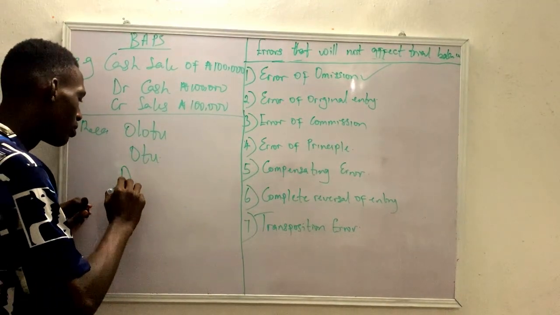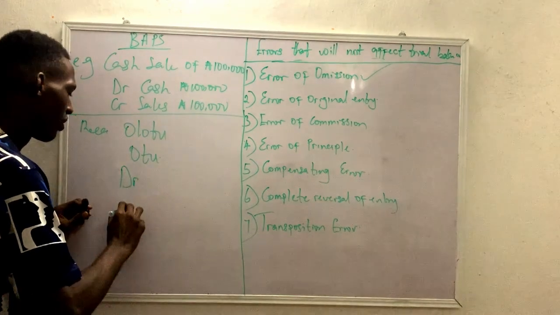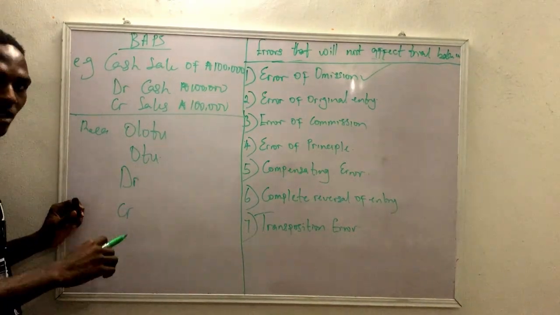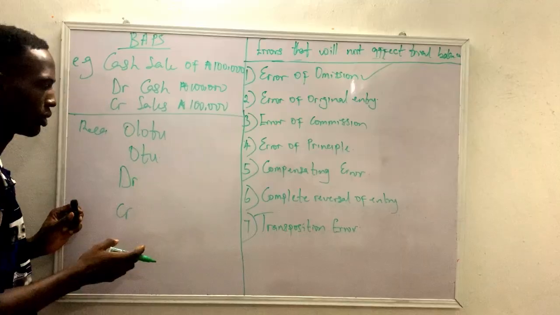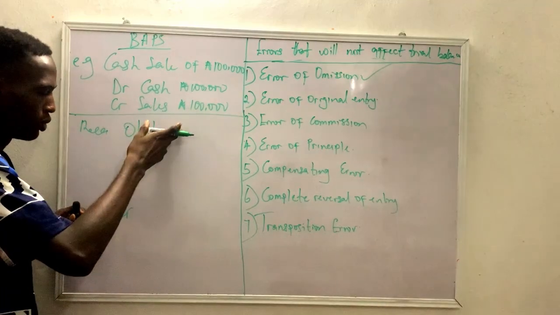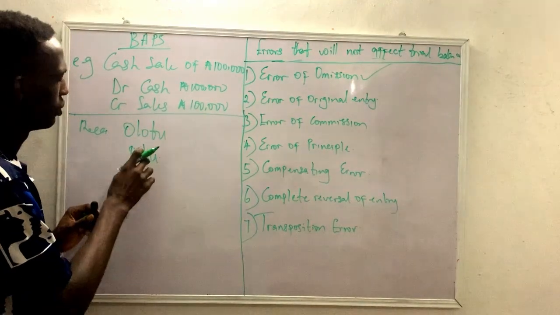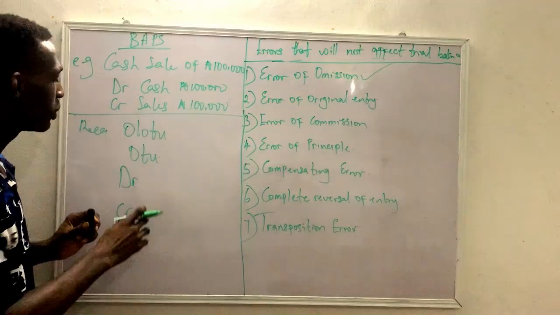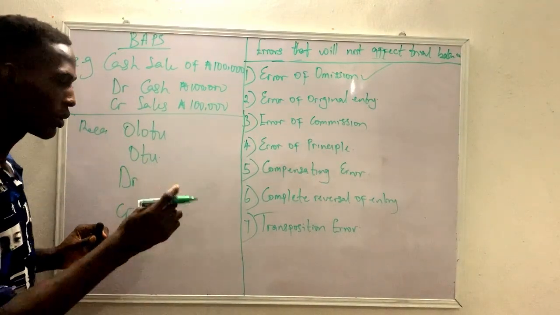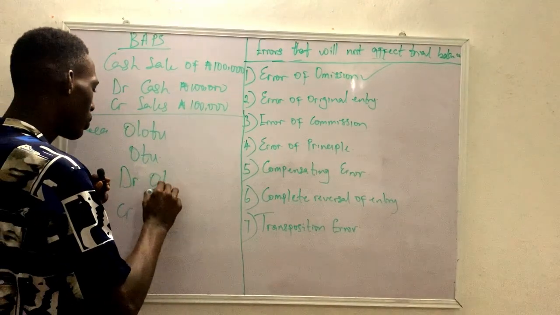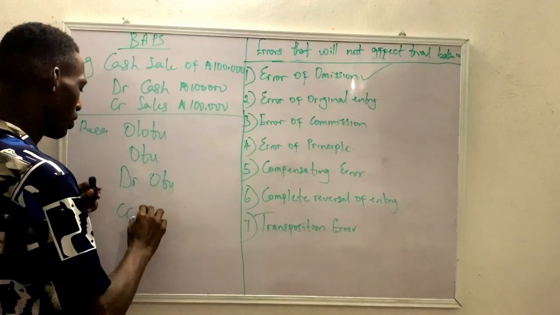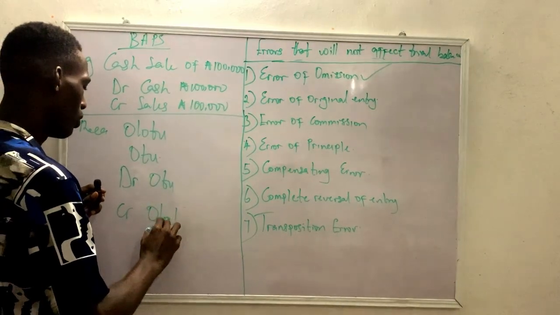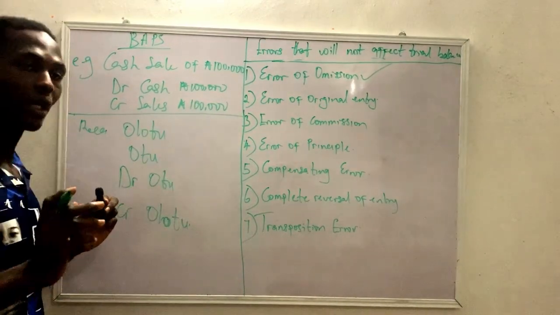So how do you correct this? Simple. When you debit cash, the corresponding entry is supposed to be Olotu. So instead, we debited who? Sorry, we credited O2 rather. So to correct this, we will debit O2 and credit what? Olotu, to correct that type of error.